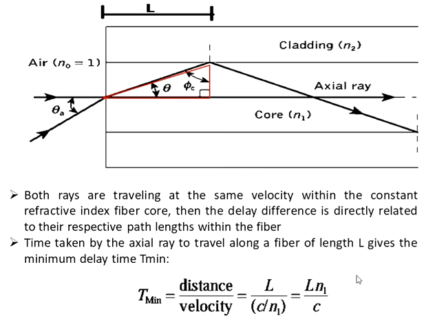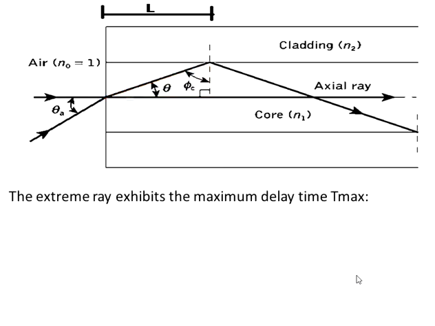So T minimum will be L n1 by c. Now considering the same triangle, the distance travelled by the extreme meridional ray is L by cos theta, divided by the velocity c by n1. So we will get the maximum time as L n1 by c cos theta.